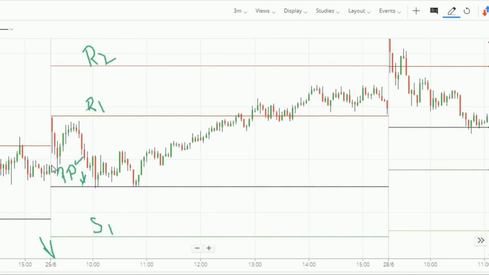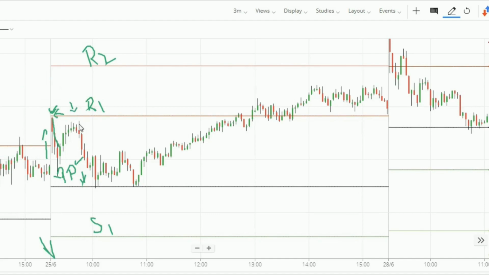So when the market opened, it gave a clear gap up, and it took reversal from R1 because there was heavy resistance, and the market started going down. However, it took support again on the pivot and then started going up.